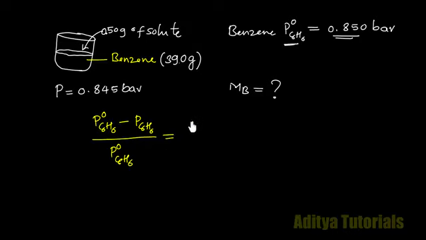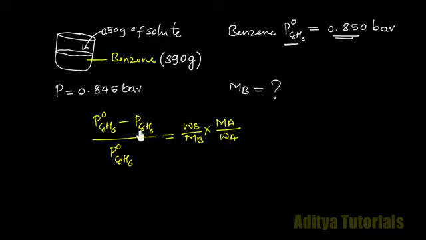The mole fraction in other terms is WB divided by MB multiplied by the molecular mass of the solvent and the given weight of the solvent.